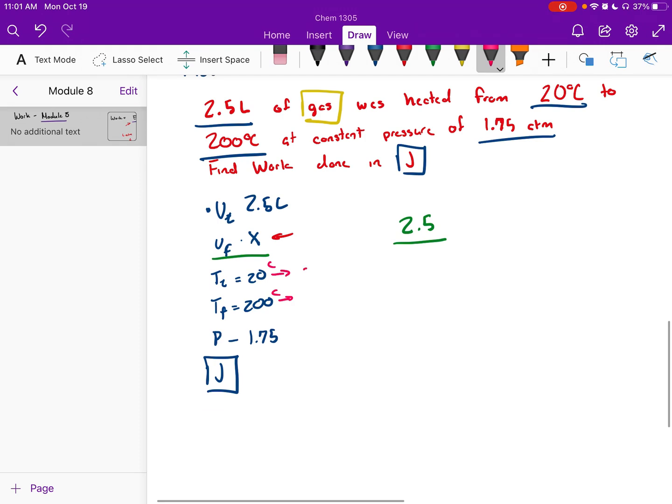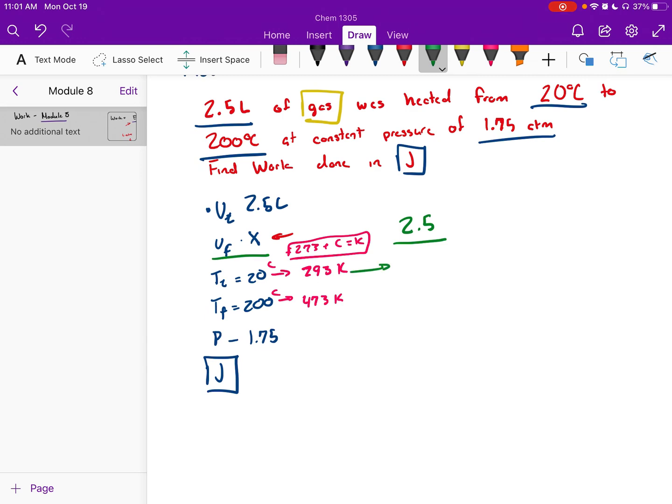We have to convert that into Kelvin. The way we do that is you add 273, and you get 293 and 473 Kelvin. You just add 273 to Celsius to get Kelvin. Something you need to know.